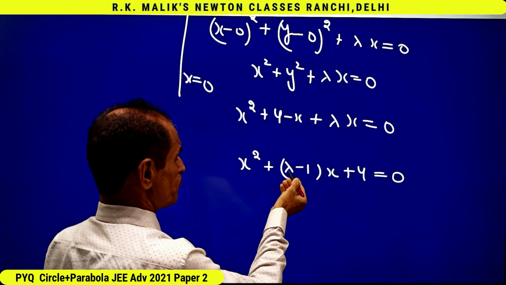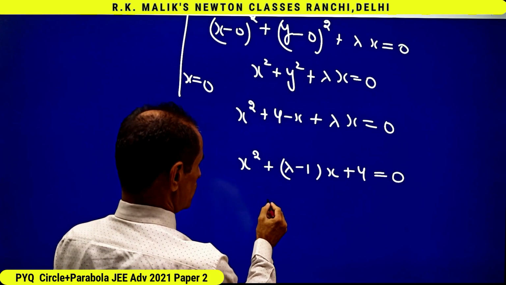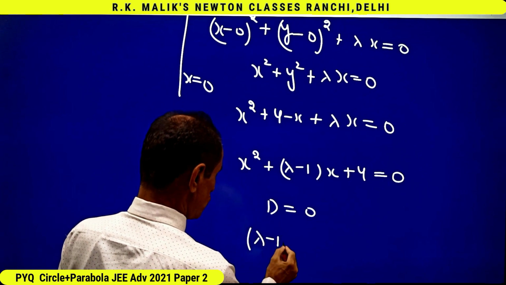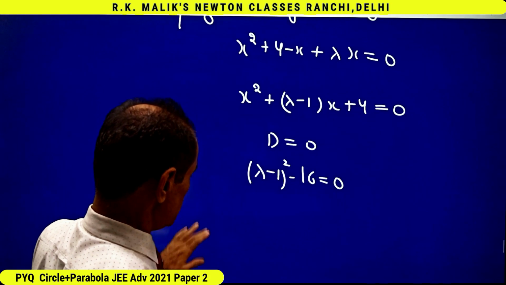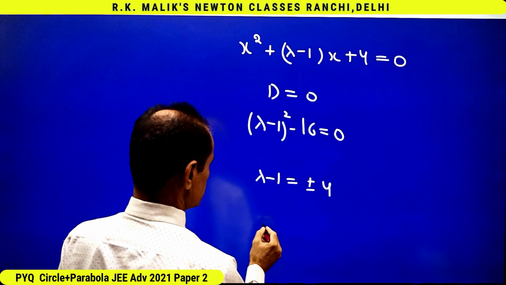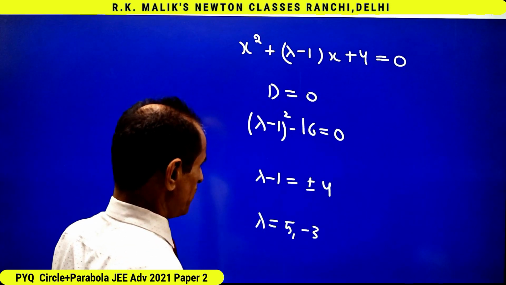And because both roots of this equation must be equal, therefore D will be equal to 0. That is, (lambda minus 1) whole square minus 16 equal 0. That is, lambda minus 1 is equal to plus minus 4. That is, lambda equal to 5 and minus 3.